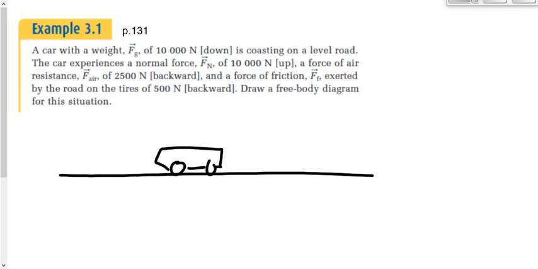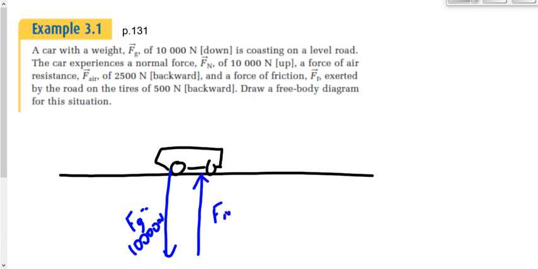Now, I want to label the force of gravity acting downwards of 10,000 newtons. I'm going to label the normal force acting upwards with 10,000 newtons. I can draw it right here, or I could have drawn it up above the car. It doesn't really matter, as long as I draw it the same length as gravity and as long as I draw it in the right direction, which is upwards.